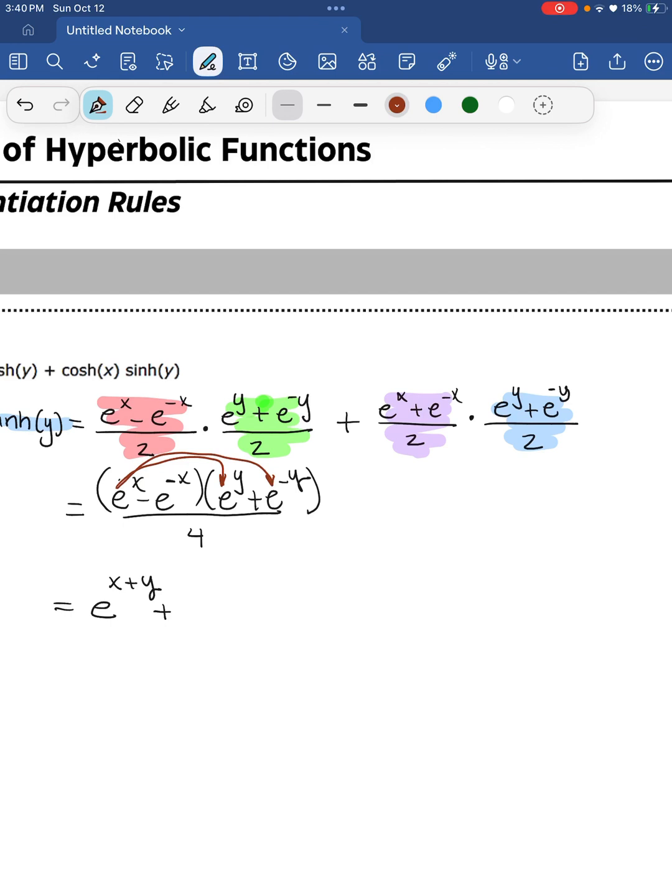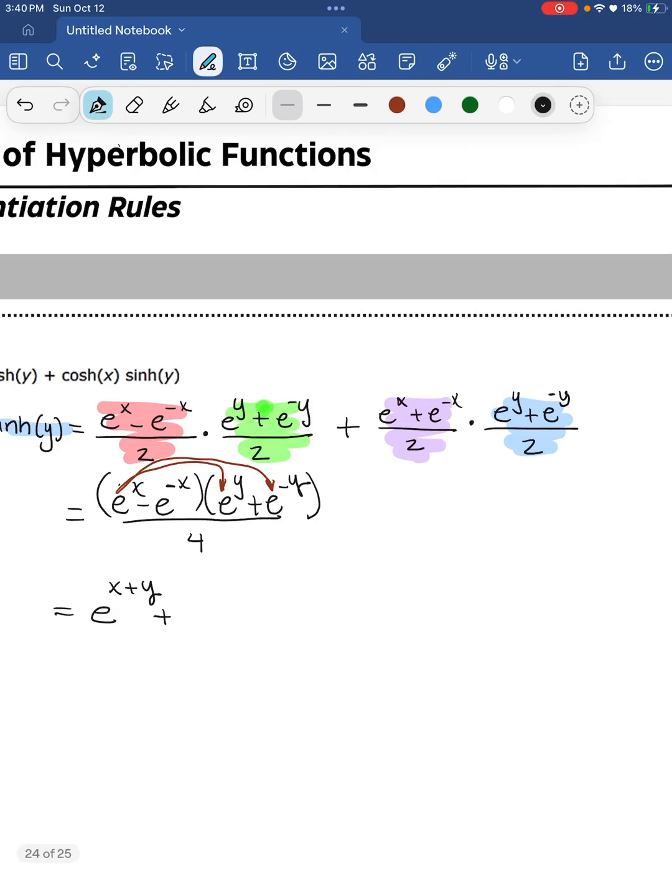Now I can attempt to put together. How do we put these together? Let's see. We have this one, so that's going to be 2e to the x plus y.